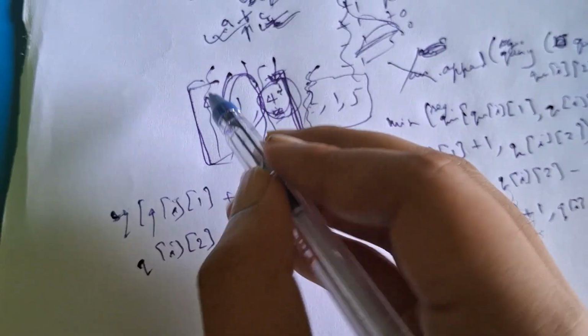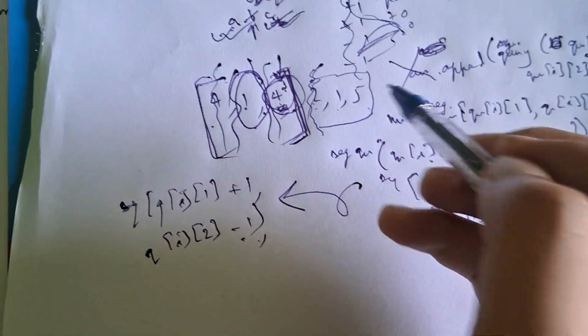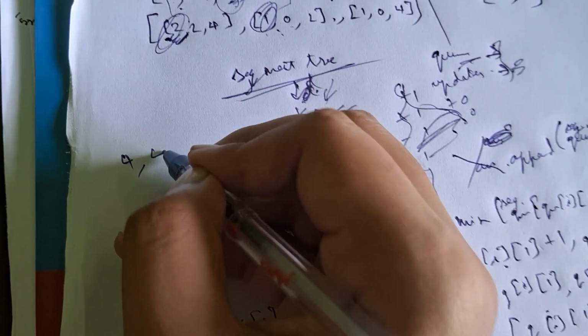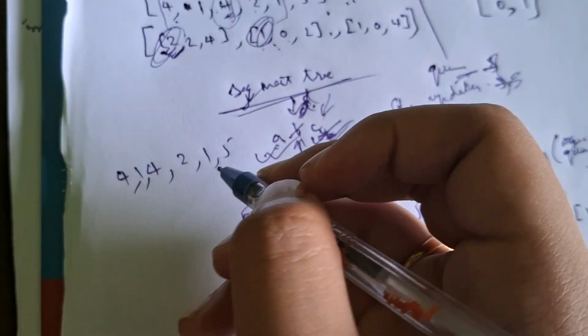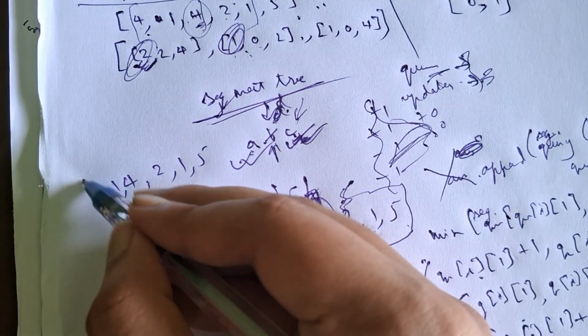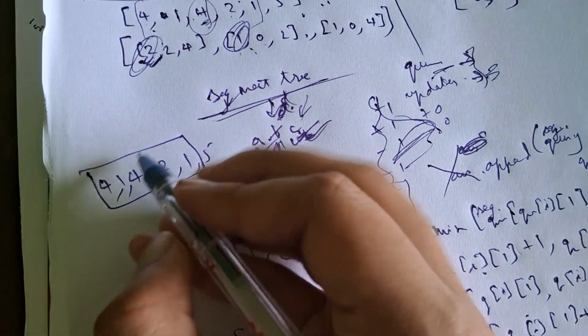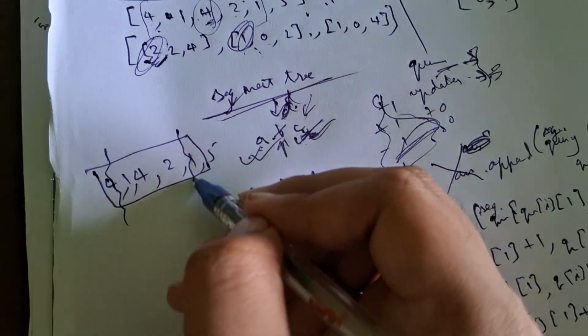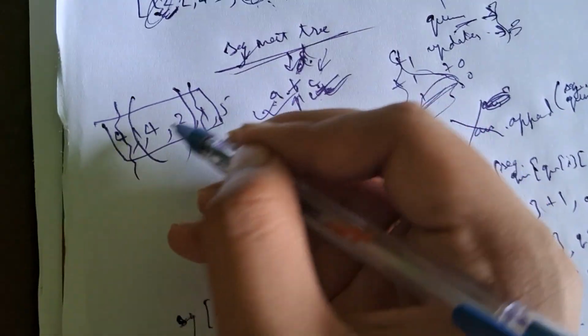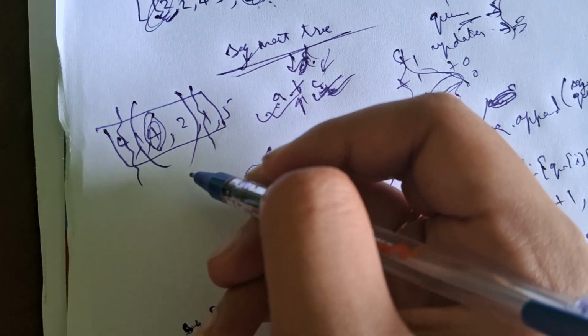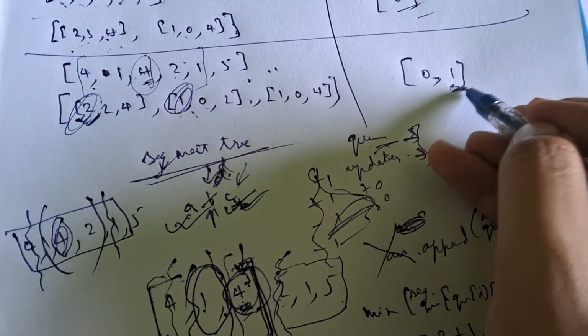Similarly for 4 1 4 2 1 5, whenever we consider for 4 1 this thing, you're not going to consider this 4 and not going to consider this 1, so you're going to consider only this much, it is 1 4 2, so there is only one peak element over here. Clear?